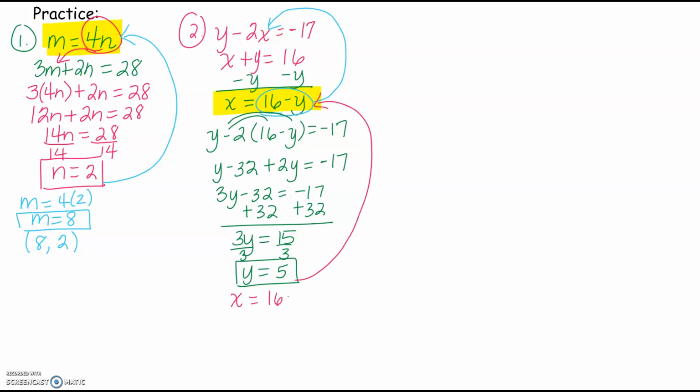X equals 16 minus 5, or x equals 11. Again, x comes before y, so my ordered pair, or my solution, is (11, 5). This is my solution, (8, 2) for the first one, and my solution, (11, 5) for the second one.